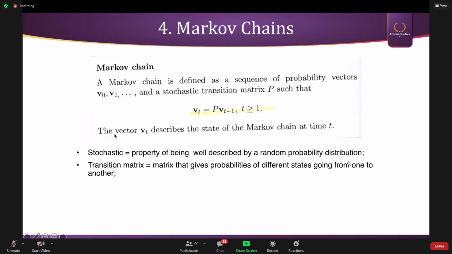Okay? Like I said, the vector V of t, which is a probability vector, describes the state of the Markov chain at time t. And I've also written here the definitions of stochastic and transition matrix, so maybe the actual definition is a little bit more complex.